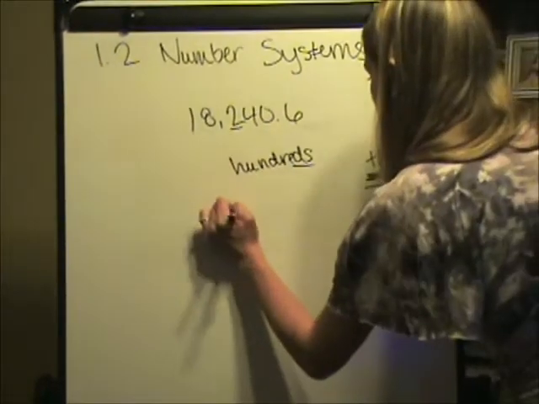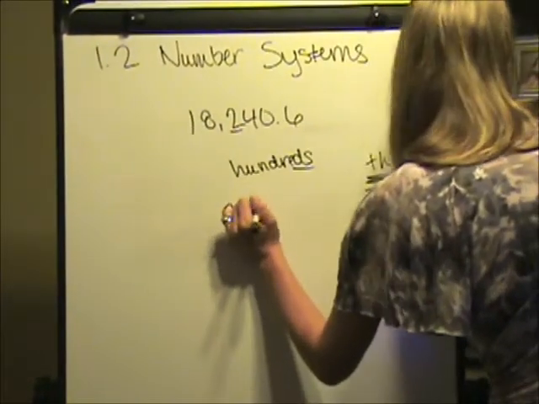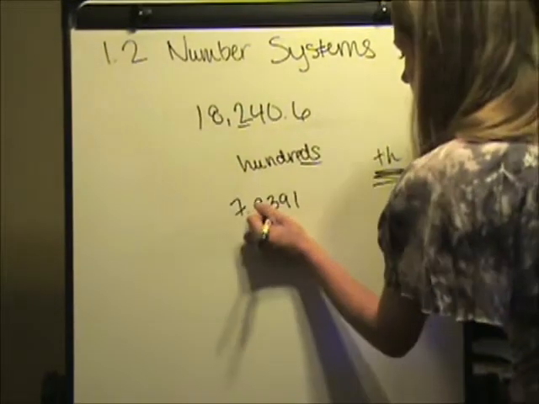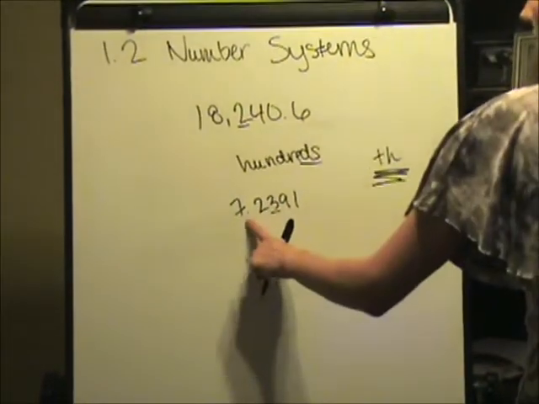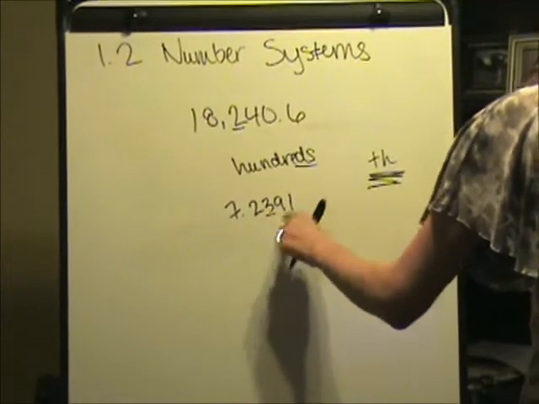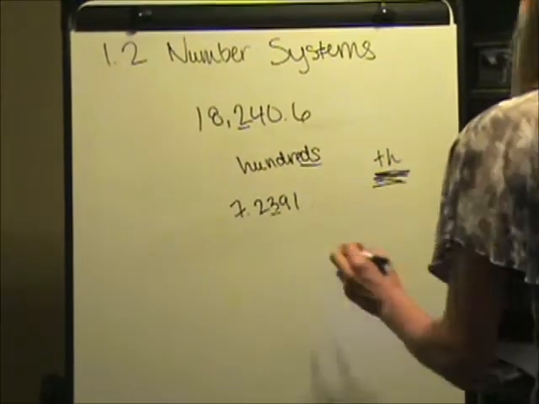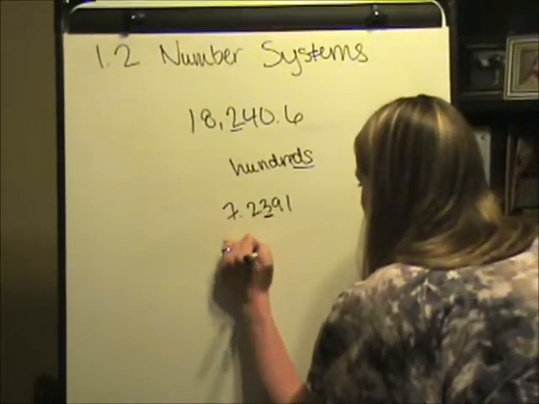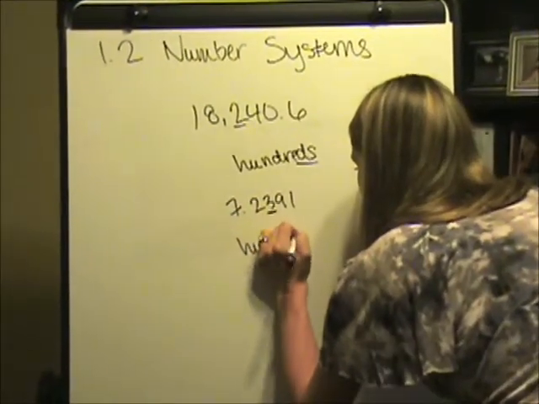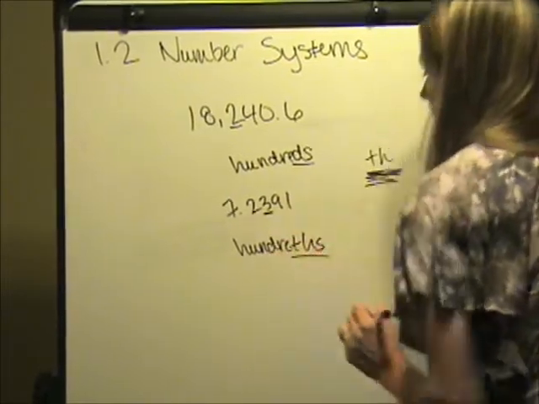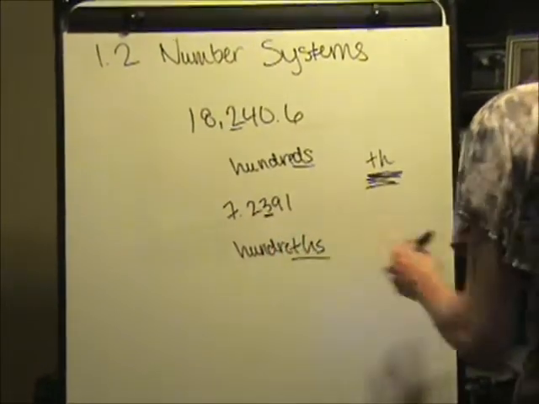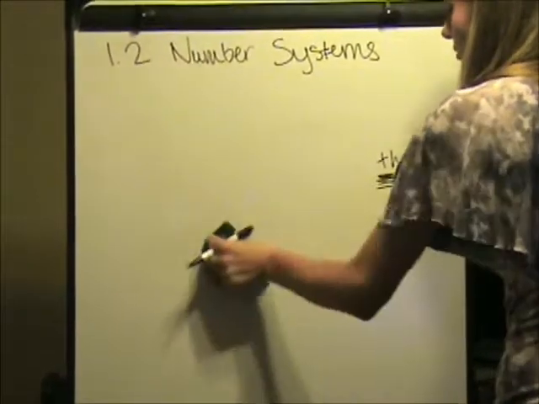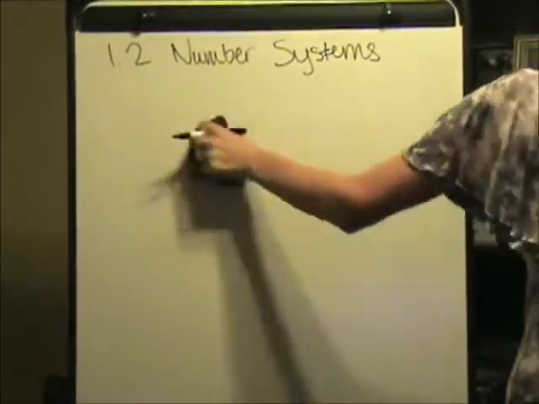Okay. 7.2391. Our underlined digit is right here. So we are working to the right of the decimal point, so we are dealing with TH, and that is the hundredths. Tenths, hundredths, thousandths. Alright, so it's pretty straightforward, just a matter of practicing to get comfortable.